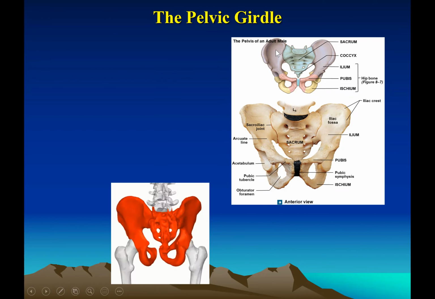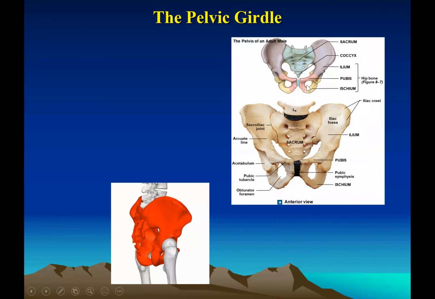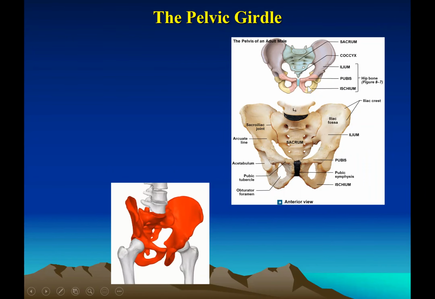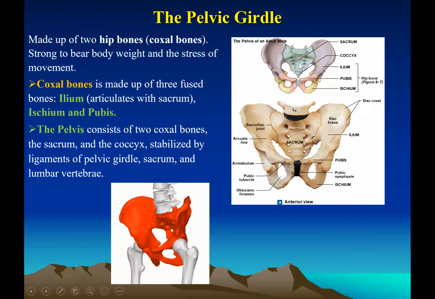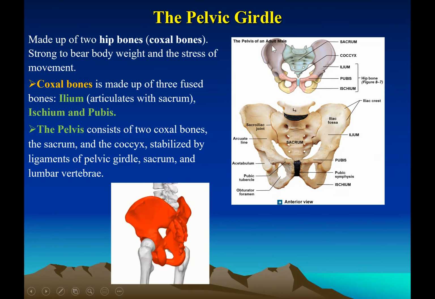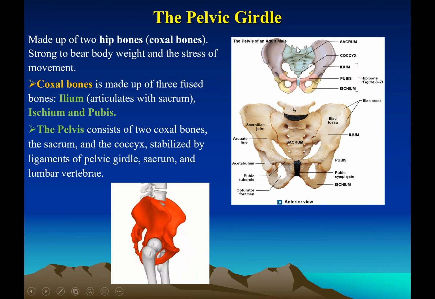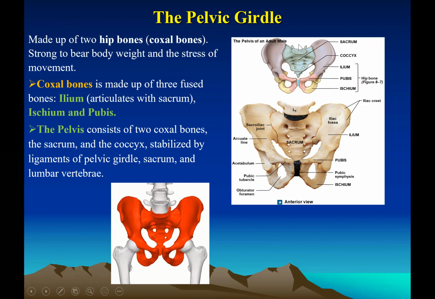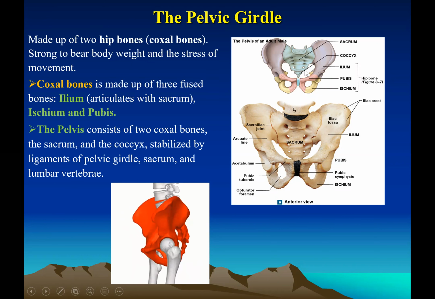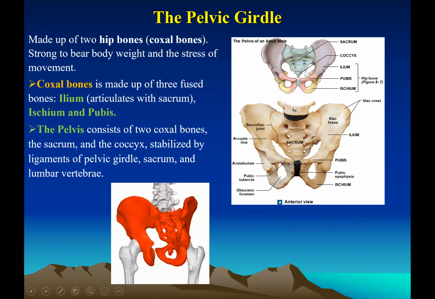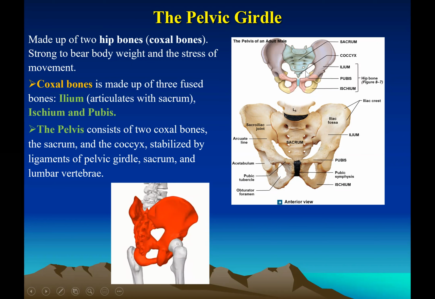When you say pelvic girdle, it's only the two coxal bones. But when you say pelvis, it is the two coxal bones and their articulation with the sacrum and the coccyx, which is stabilized by a lot of ligaments of the pelvic girdle, sacrum, and the lumbar vertebrae.